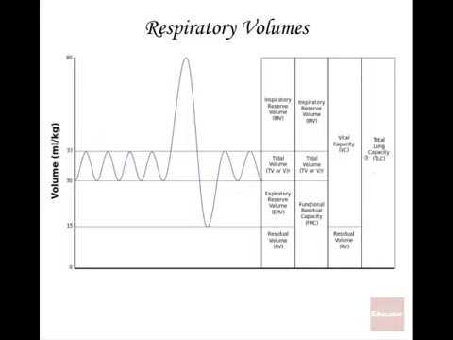That's known as the total lung capacity. And of course, this is variable in terms of the precise measurements. I mentioned 500 milliliters earlier for the tidal volume. In someone that's really petite, it'll be less. In someone that's really large and has really large lungs, it can be a bit more.